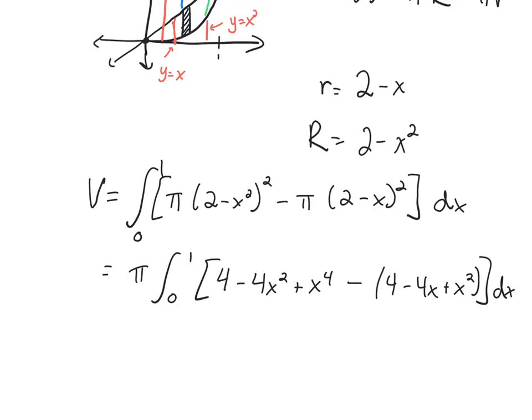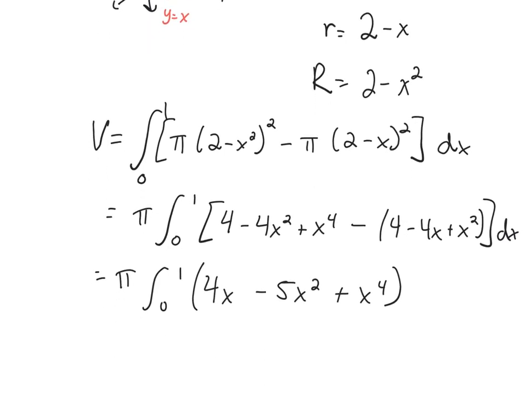So I did 2 things at once. I pulled out the pi, and then I squared all those terms, foiled. And if you do that, you'll be left with pi times the integral from 0 to 1 of 4x minus 5x squared plus x to the 4th dx.